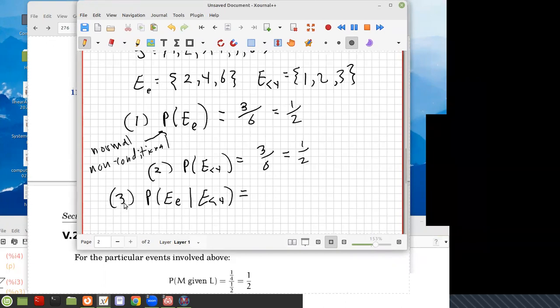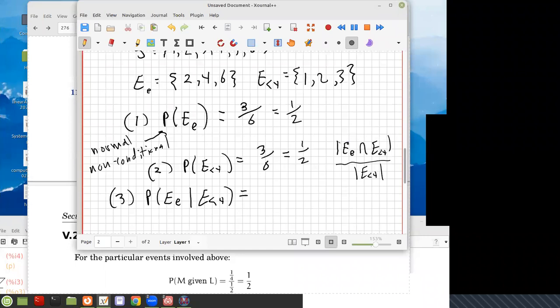Now let's look at item 3, which is the conditional probability that the outcome is even, given that it's less than 4. Okay, we're almost at the end of the hour.